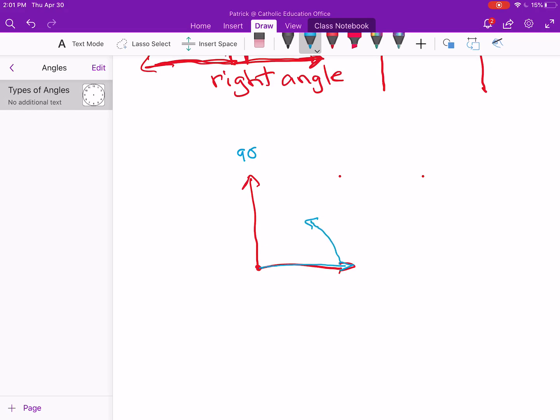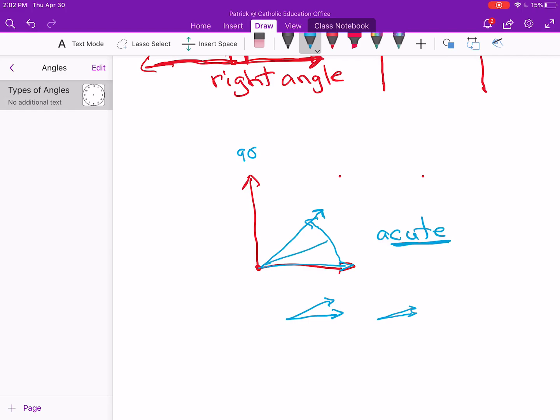So it didn't go all the way up to 90, so it stopped here. That is called an acute angle. And you see the word cute in there, and I always think, oh, it's a cute little angle. These are the smallest angles. It could be only maybe this big, even tinier than that big. But it's any angle that is less than 90.